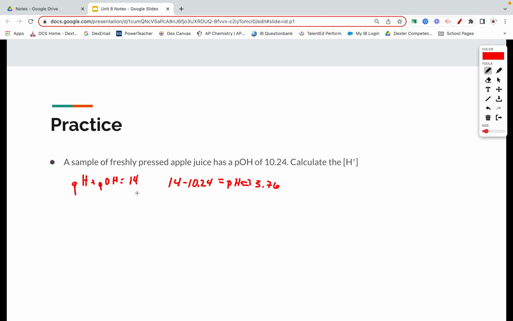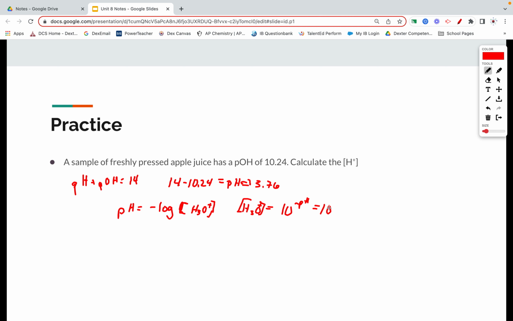And then we could take that and say pH is equal to the negative log of the concentration. Remember, when we're talking about concentration, we must use brackets, of hydronium. So we can work our way backwards, and we know that the concentration of hydronium is equal to 10 to the negative pH.